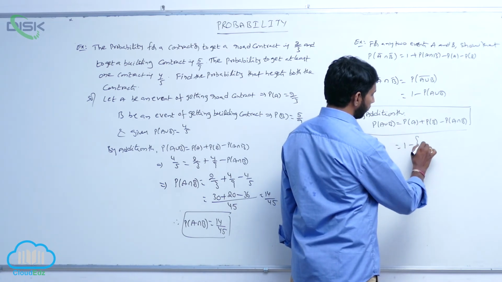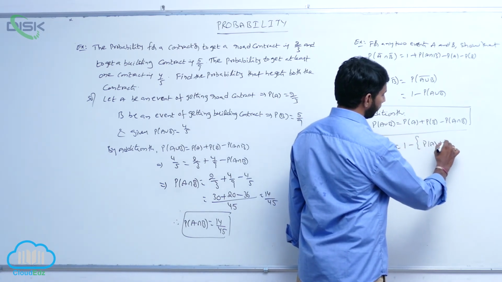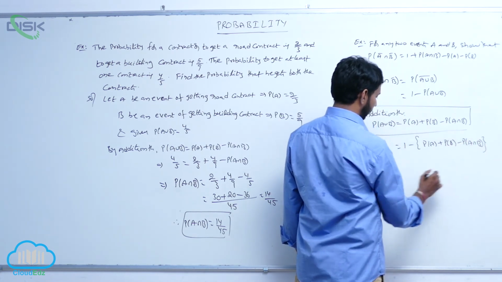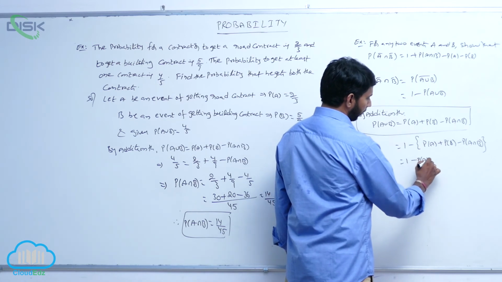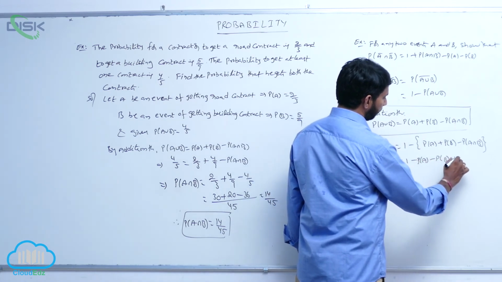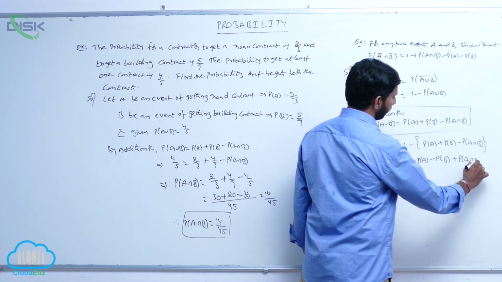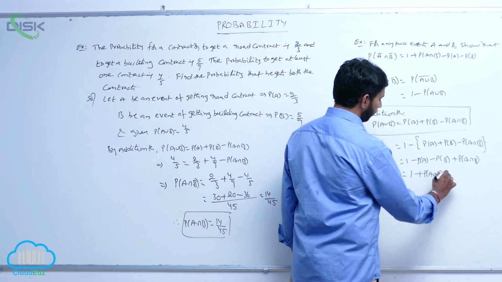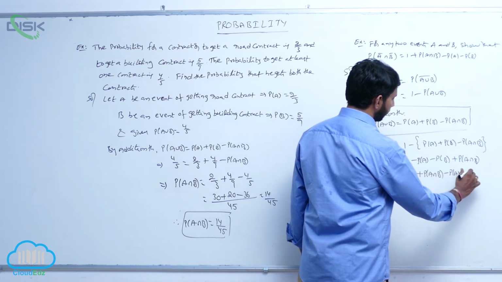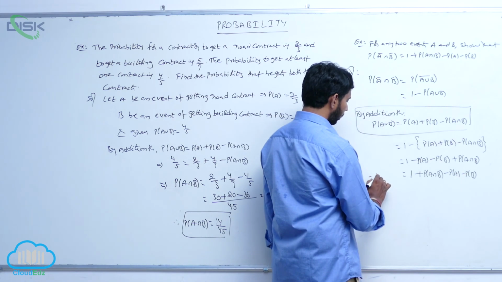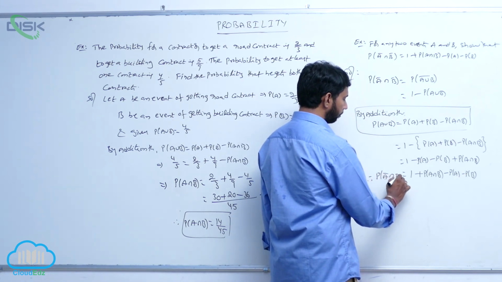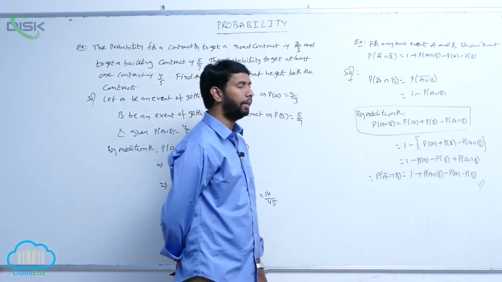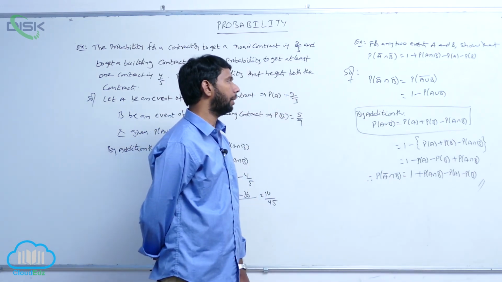This is 1 minus of P of A plus P of B minus P of A intersection B, which is equal to 1 minus P of A minus P of B plus P of A intersection B, which is equal to 1 plus P of A intersection B minus P of A minus P of B. This is the value of P of A bar intersection B bar. So P of A bar intersection B bar is equal to 1 plus P of A intersection B minus P of A minus P of B.